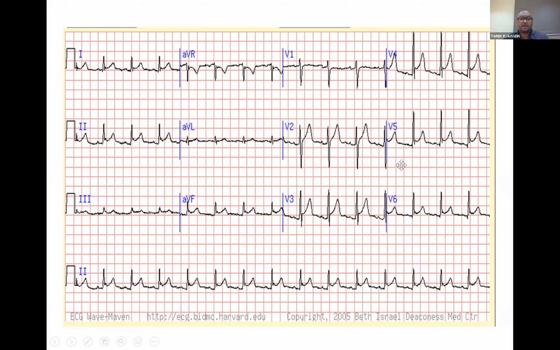Okay, thank you all. So now, initially, you thought that this is an inferior MI. So 2, 3 and AVF. In an extension of an inferior MI, you may see posterior extension, no posterior extension. And the posterior extension, you see it by positive R wave usually in V1 and V2, which is not the case here.